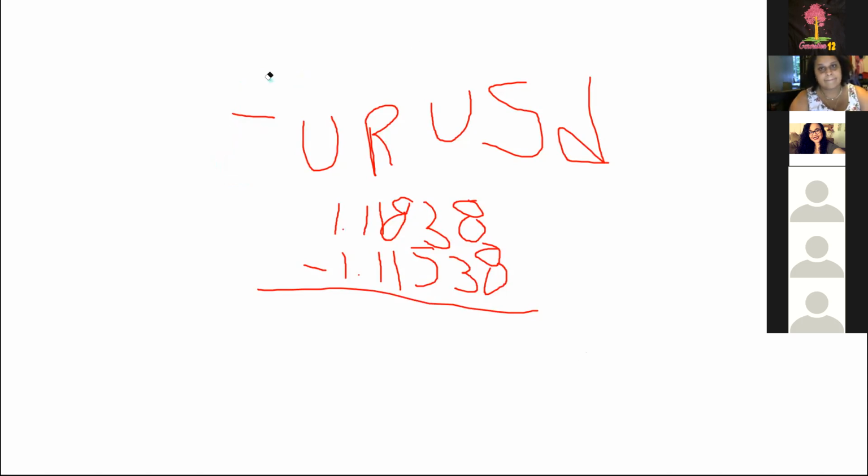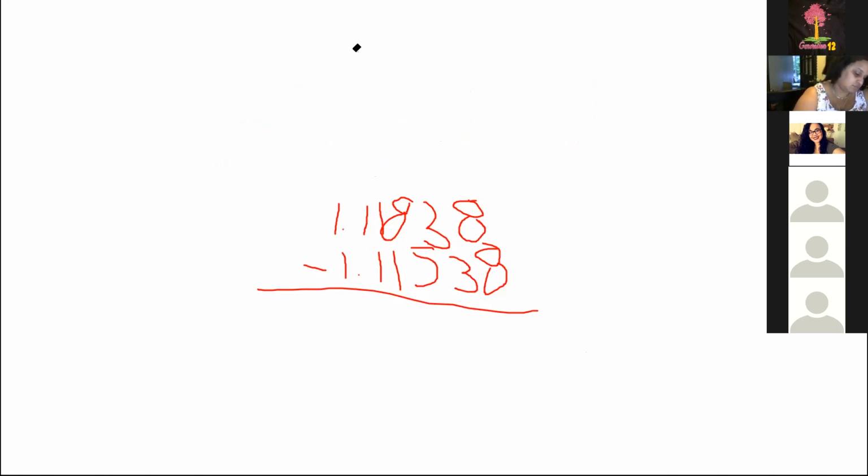Can you say the number one more time so people can write it? Sure. So it's basically 1.11838 minus 1.11538. You get 0.003. Move the decimal over to the right 2 times, I believe, right?